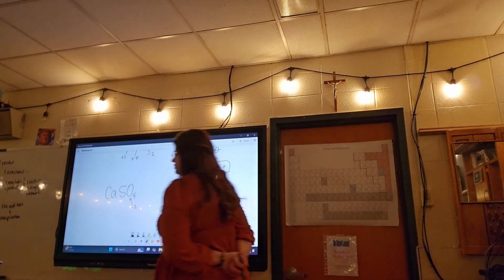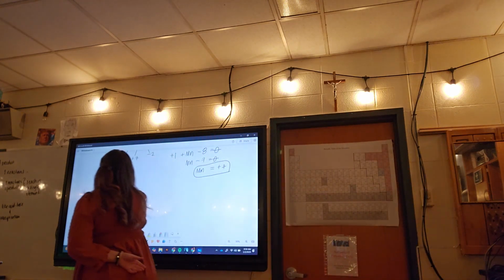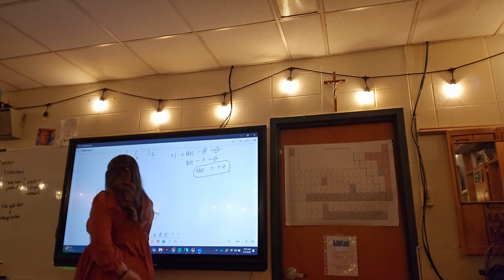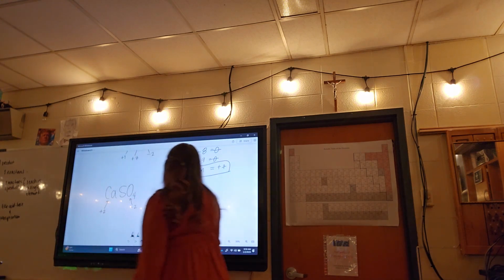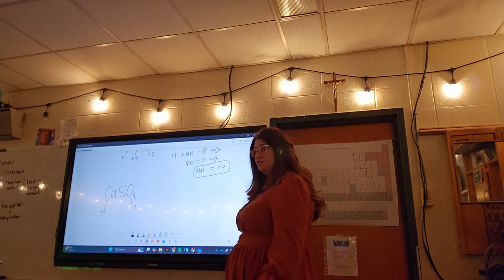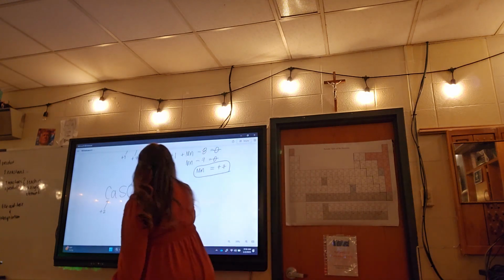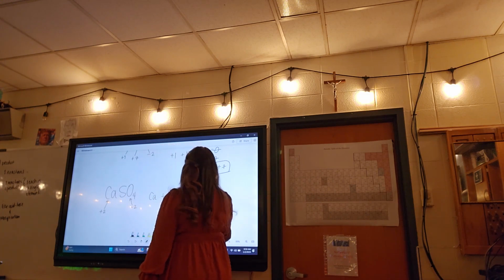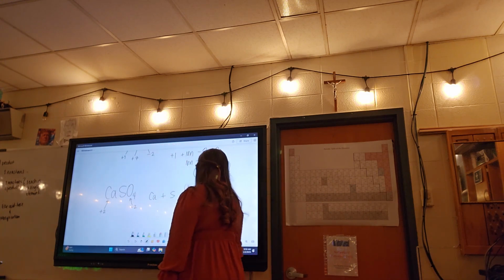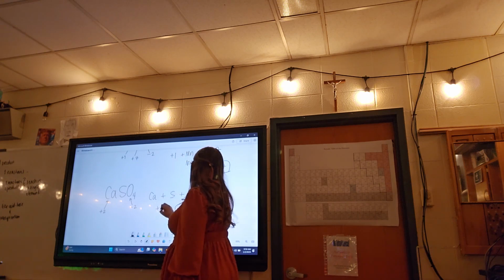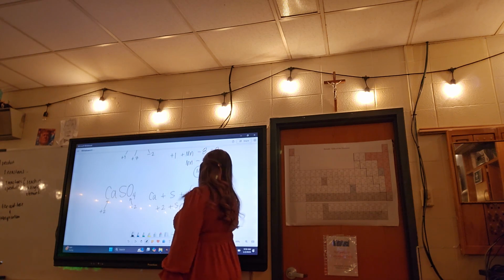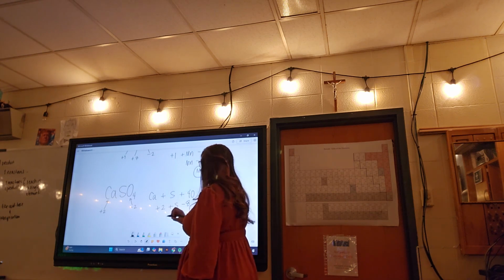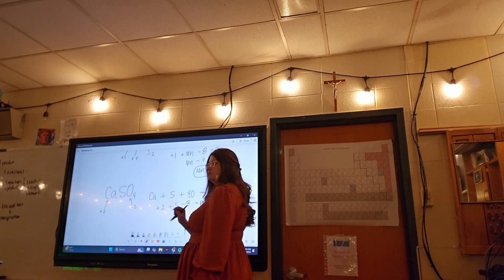Does your periodic table give you any help? Yeah, it's +2. Okay, so now let's figure out what sulfur is. Calcium plus sulfur plus 4 oxygens again equals 0. I'm just going to put my numbers in here. It's still minus 8 because we had the same thing before. But now what does sulfur equal? Plus 6.